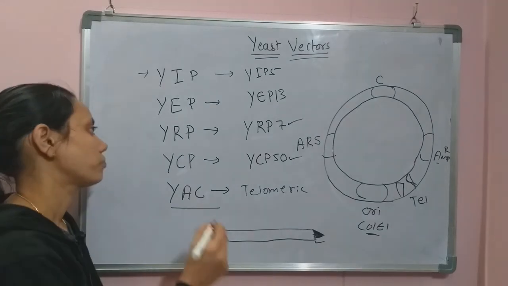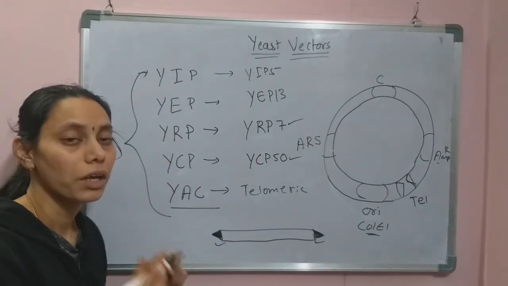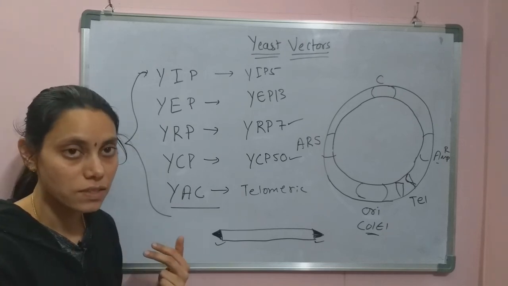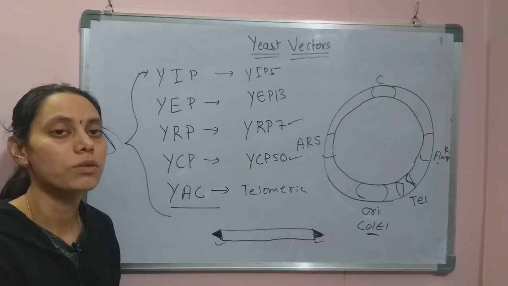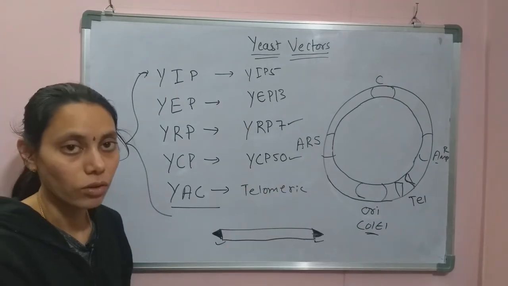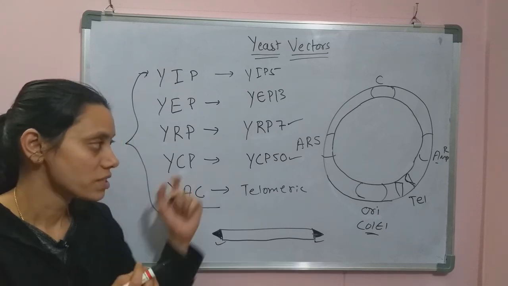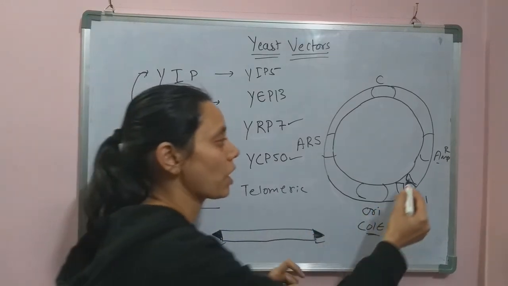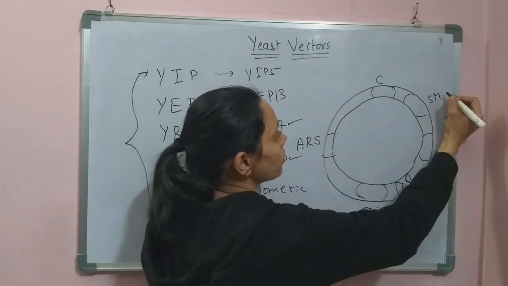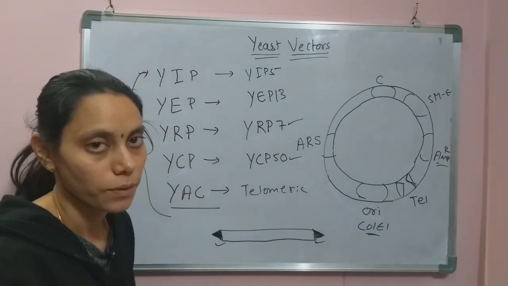So as we discussed, all these vectors have the ability to replicate inside the bacteria, and in some way or other they can also replicate inside the yeast. So all these yeast based vectors are called shuttle vectors, and they have selectable markers for the bacteria and selectable markers for eukaryotic systems such as yeast.